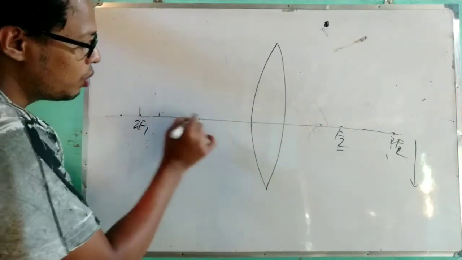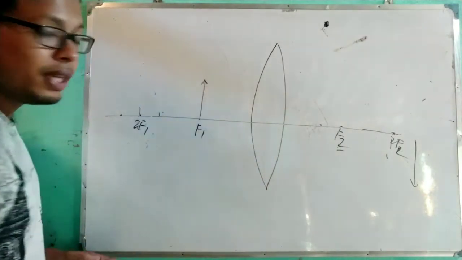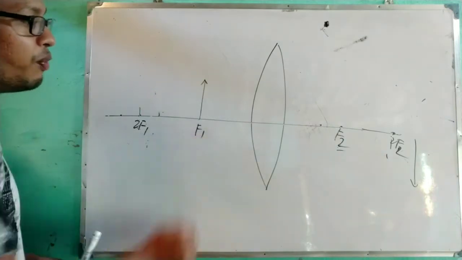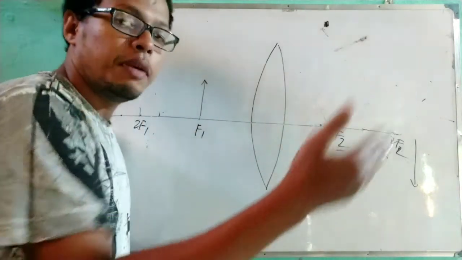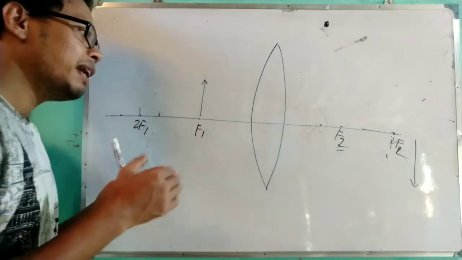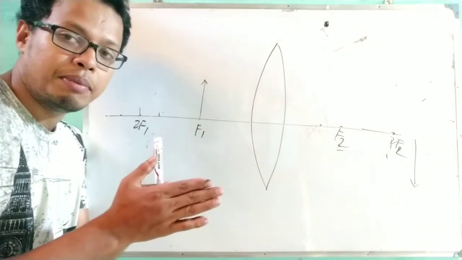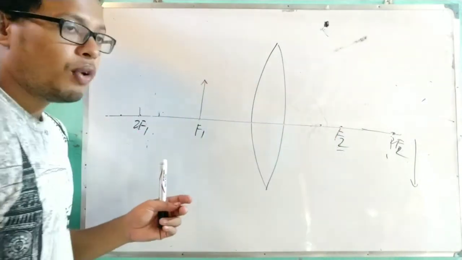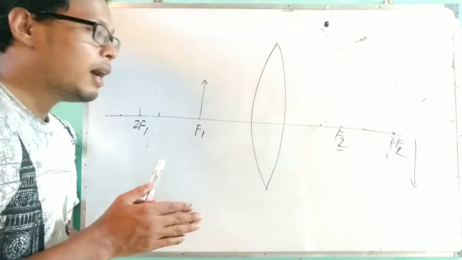Now what will happen when the object is placed at f1? Then the image shifts to infinity. That time the size of the image is maximum. When the image is formed at infinity, the size is highly magnified.